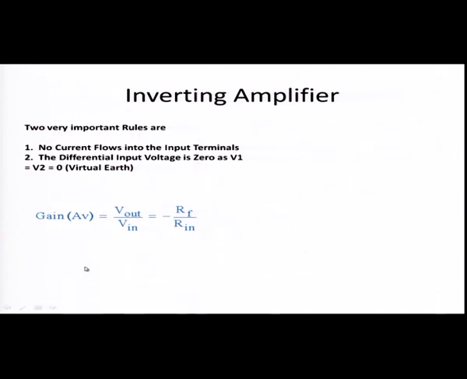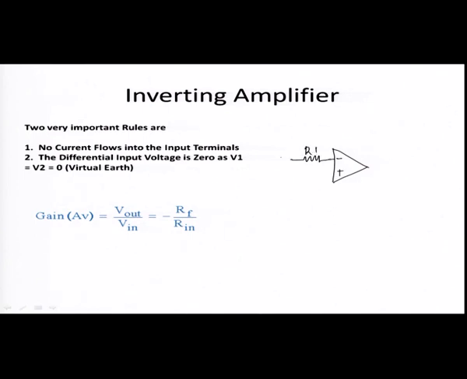Just now I told you about the type of feedback for an amplifier, and as the name itself says, it is an inverting amplifier, so you have to give the signal to the inverting terminal and the feedback to the negative terminal.